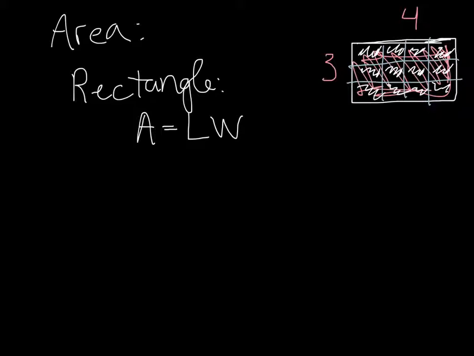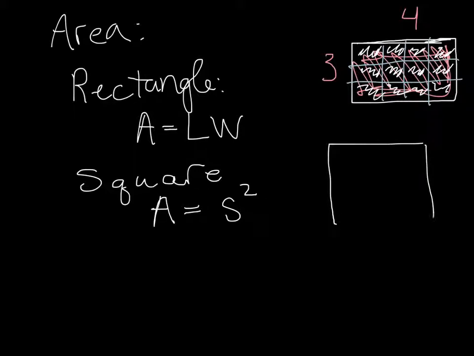The other area you need to know for this homework, there's 2 other ones. The other one is a square, area of a square. And area of the square, you can use the length times width formula, or you can just say side squared, because the measurements are the same.